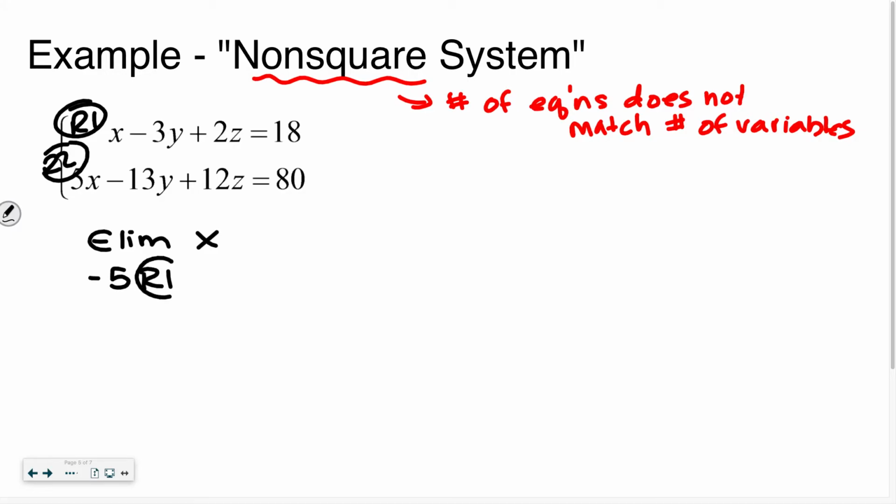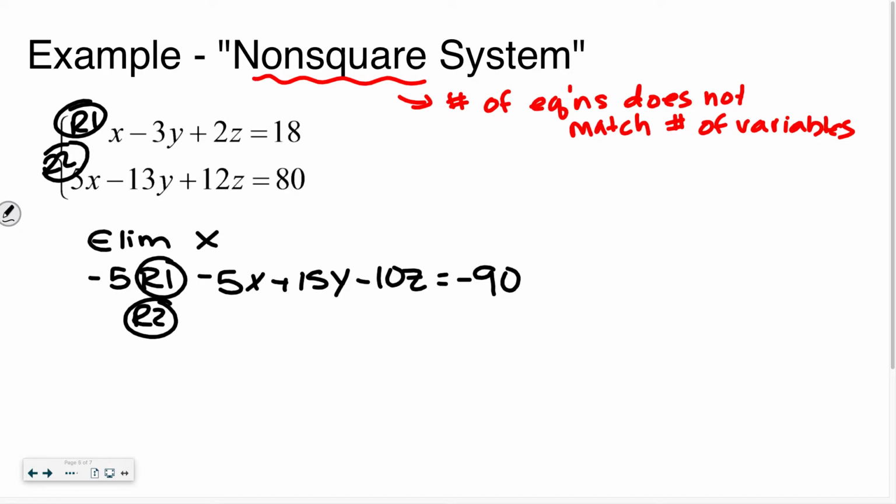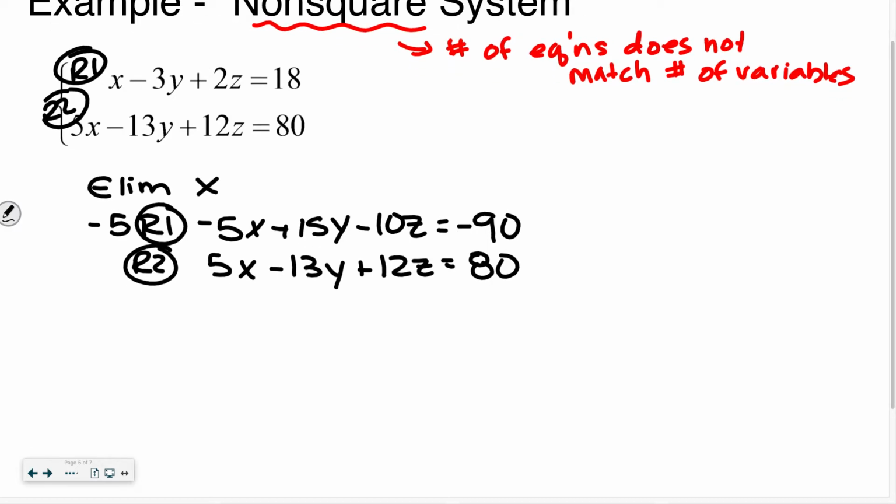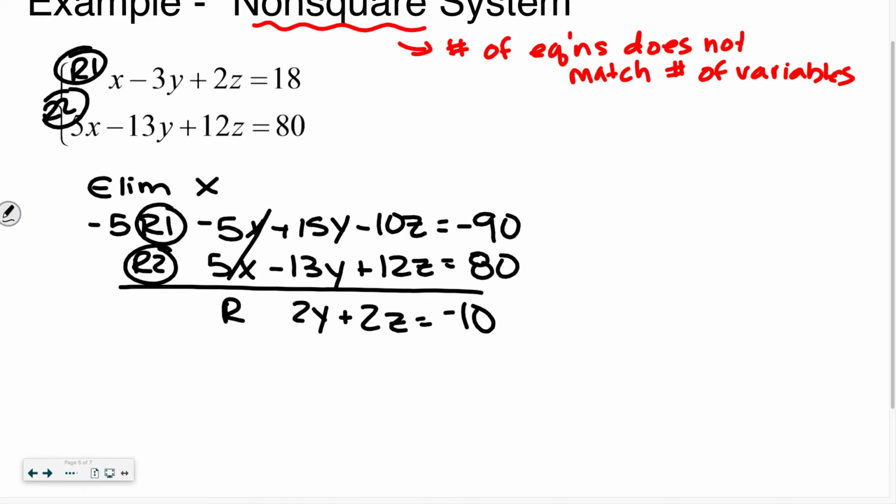Multiply row 1 by -5 and keep row 2 the same. Then of course my x's are going to eliminate. I'm going to get 2y plus 2z equals negative 10. And that would be my row 3 now.